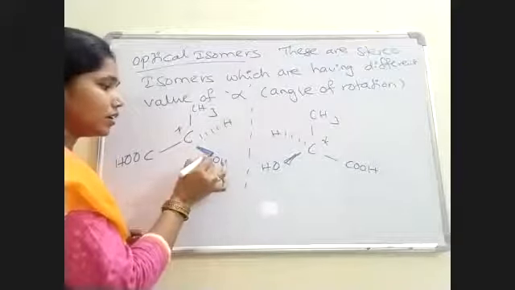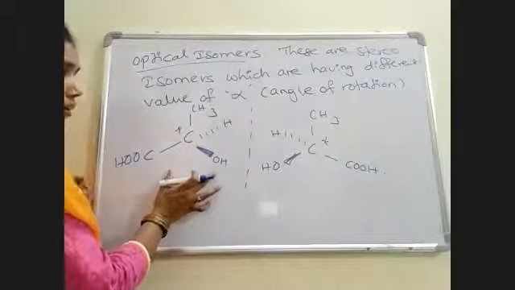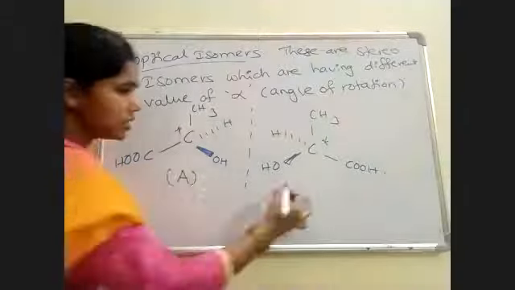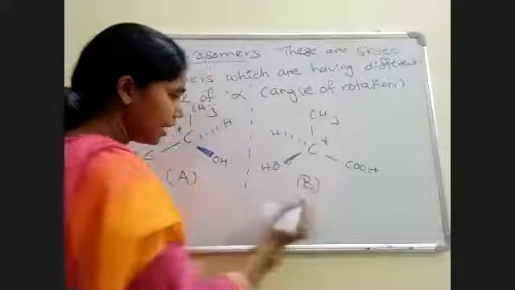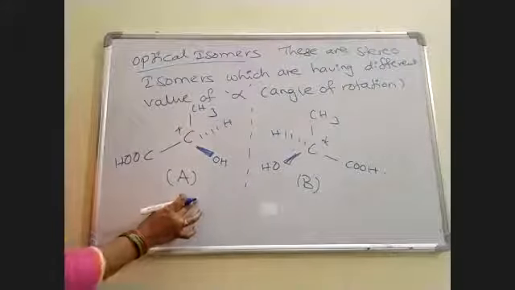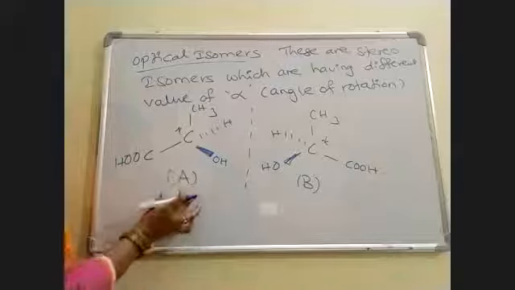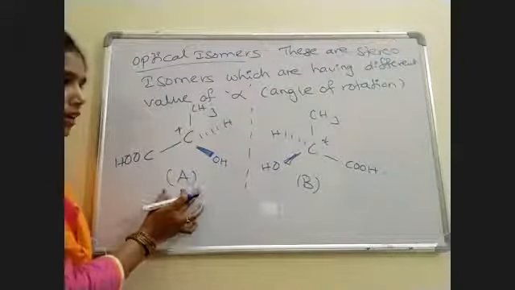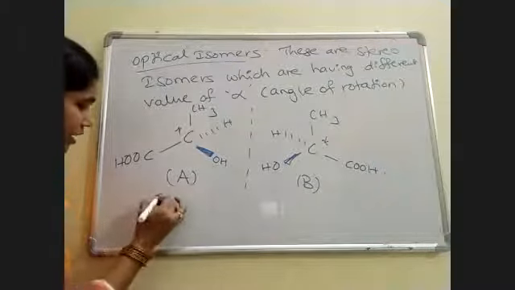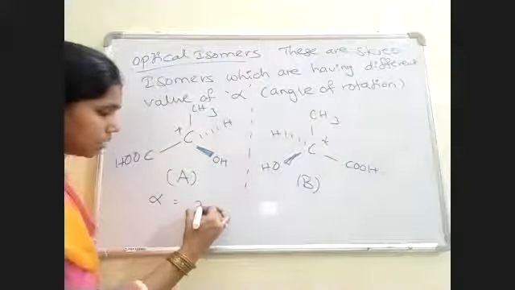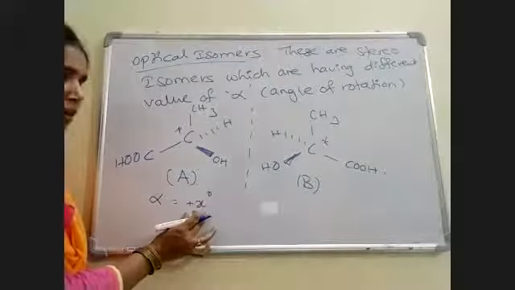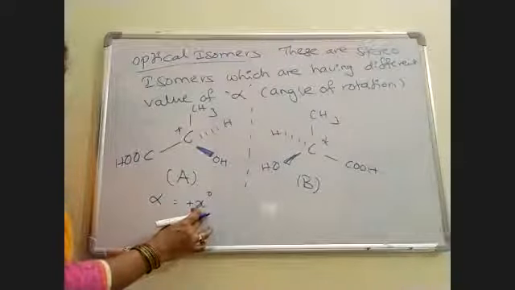Let us take this as A and this one as B. Let us consider that A rotates the plane polarized light towards the right side by alpha plus x degrees, where x may be any value like 20, 30, 50.